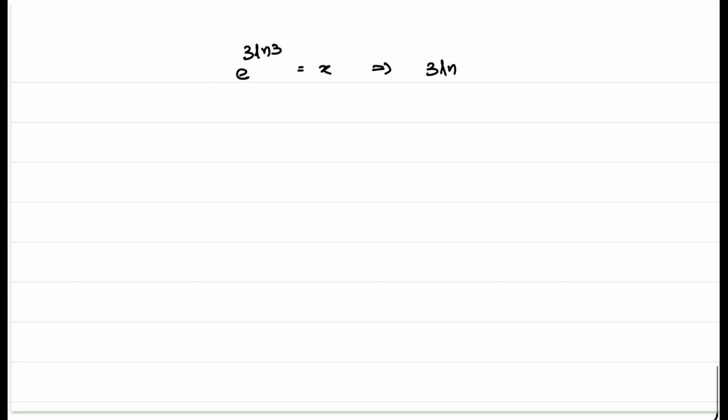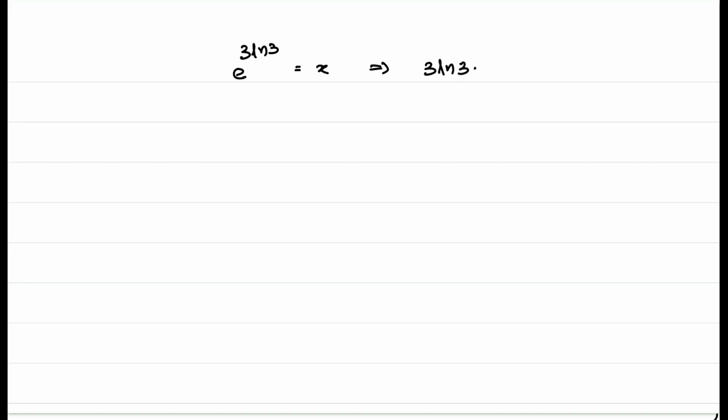Why? Let e to the power of 3 ln 3 be equal to x. Then, taking logarithm on both sides, 3 ln 3 times ln e, which is 1, is equal to ln x.